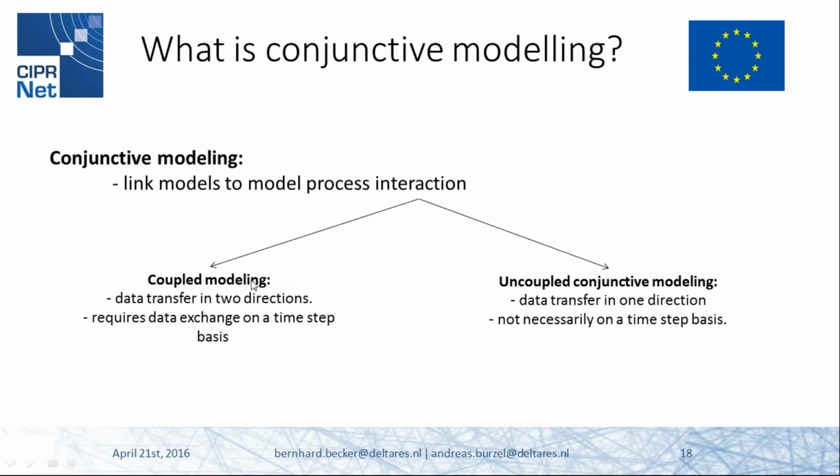Coupled modeling means that we have data transfer in two directions, and this requires data exchange on a time-step basis. Contrary, uncoupled conjunctive modeling would mean that we have data transfer in only one direction, and this not necessarily means that we need to exchange data on a time-step basis.